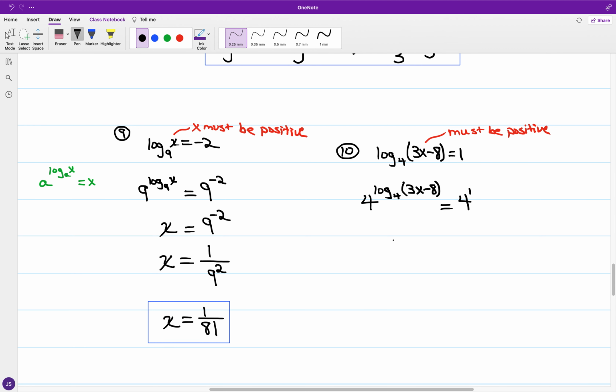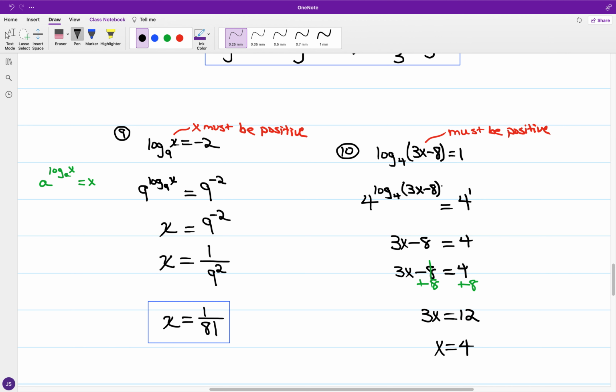So on the left, we have 3x minus 8, and 4 to the first is 4. So I have a two-step linear equation, and adding 8 to both sides, we have that 3x is equal to 12, and then with division by 3, we're going to have that x is equal to 4.